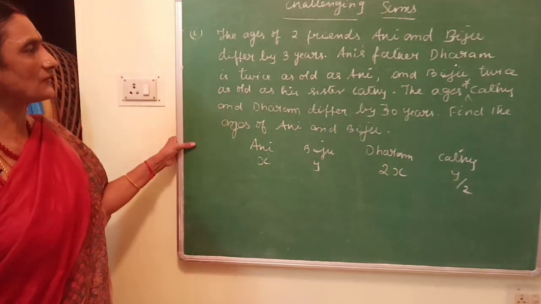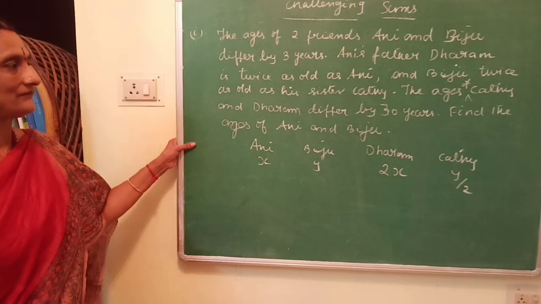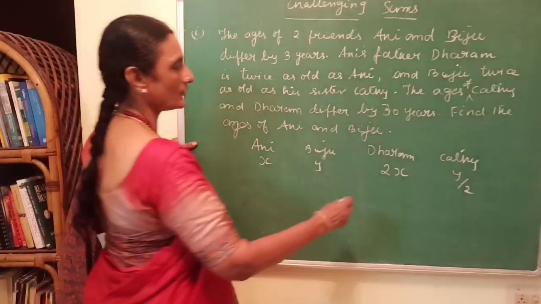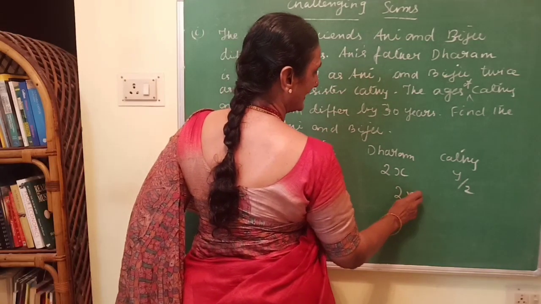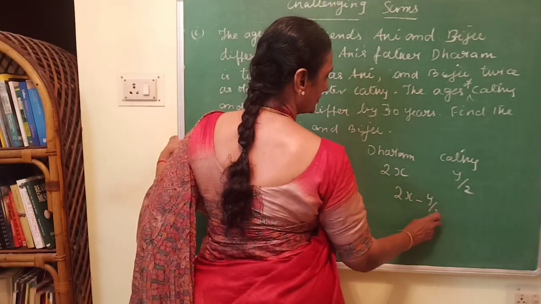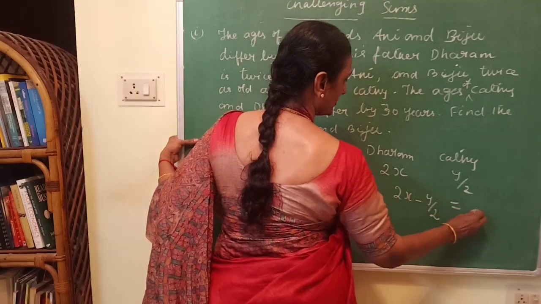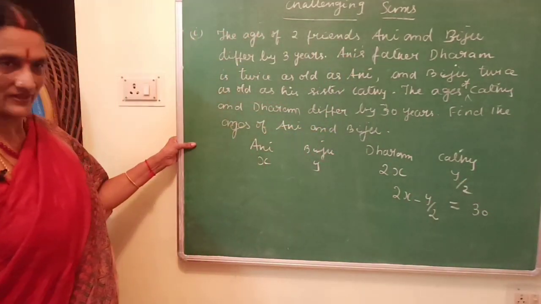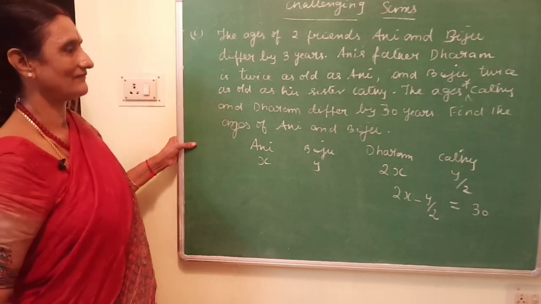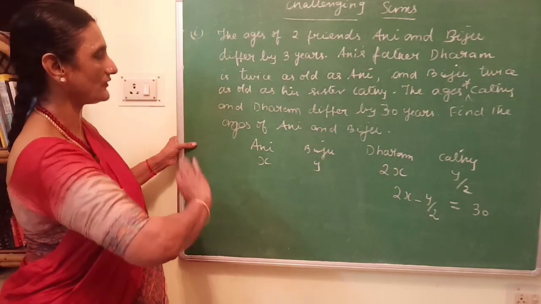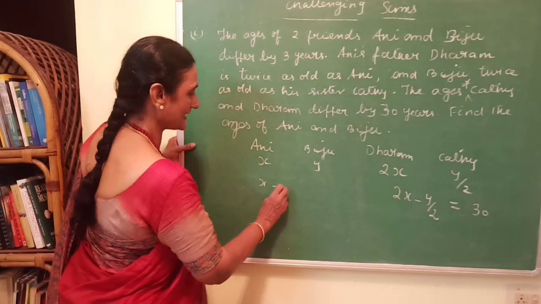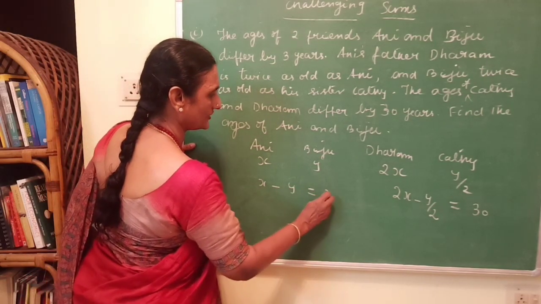The ages of Kathy and Dharam differ by 30 years. So, 2x minus y by 2 is equal to 30. That is the first equation. Now, let us try. Ani and Baiju differ by 3 years. So, we can try like this: x minus y is equal to 3.